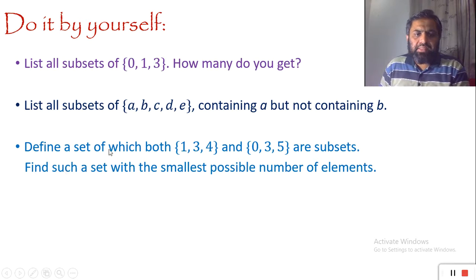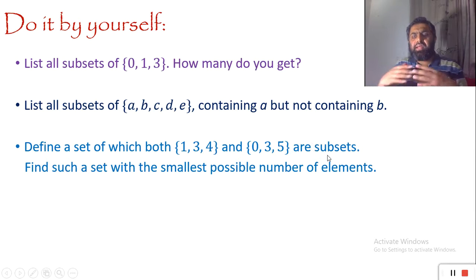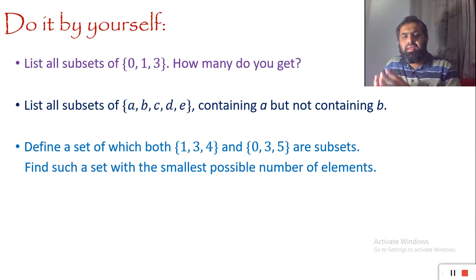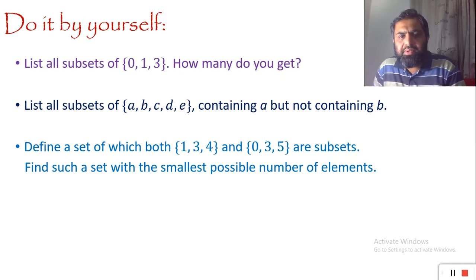The third question is to define a set of which both 134 and 035 are subsets. We can define infinitely many sets for this. Take the union of both sets, and after that we can append any kind of elements. So 0, 1, 3, 4, 5, and after that we may or may not have more elements, but 134 and 035 must be there.